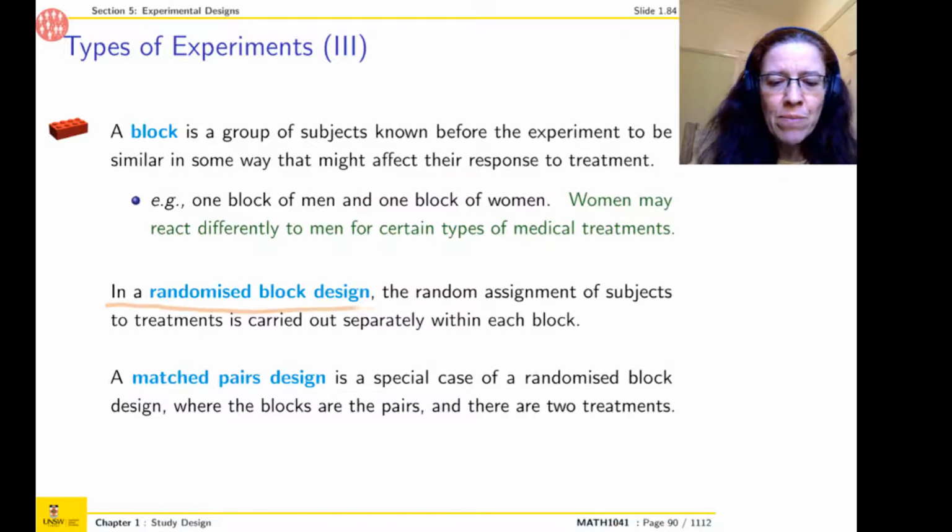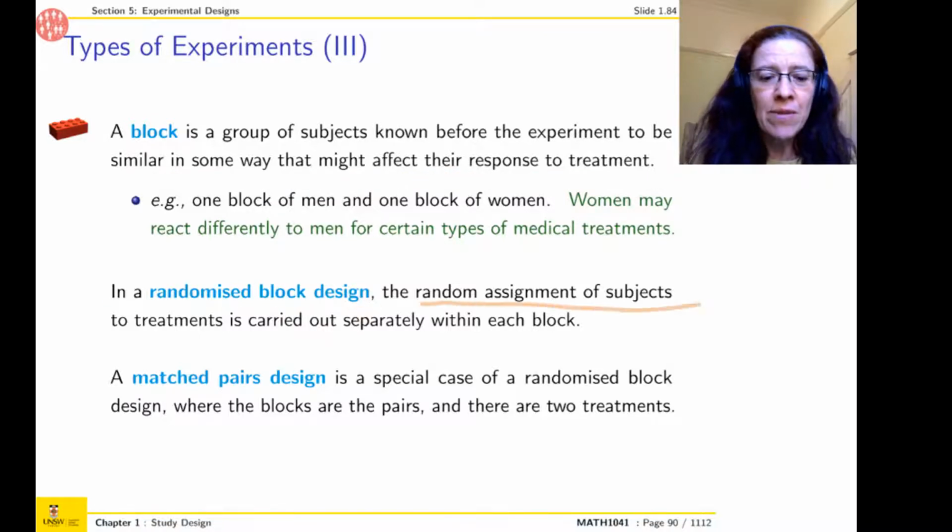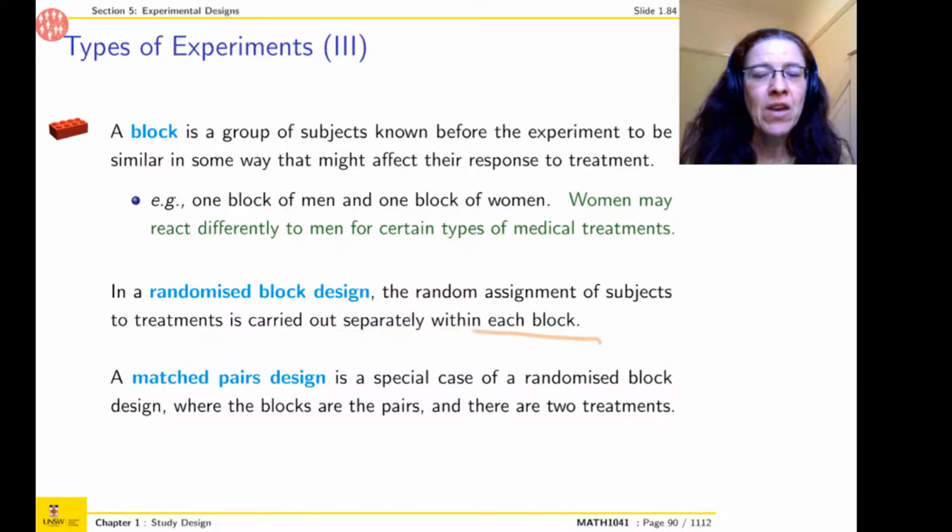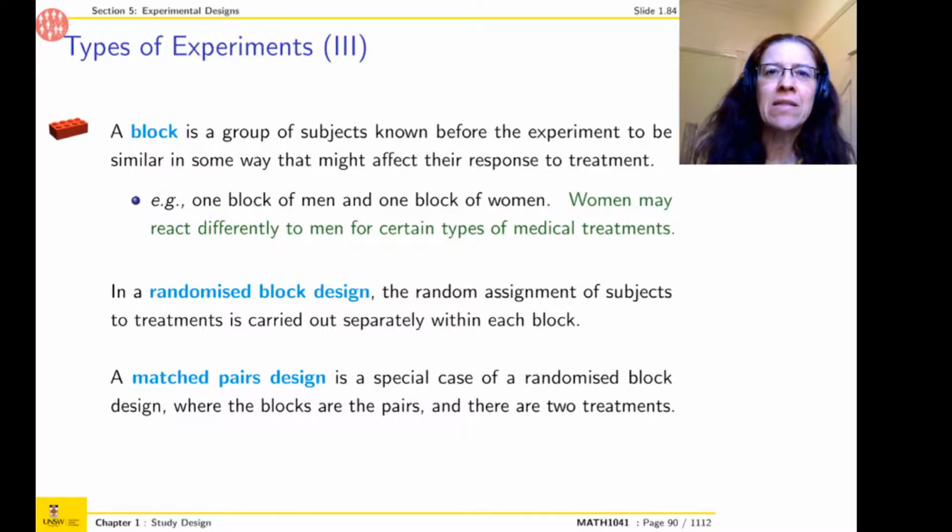In a randomized block design, the random assignment of subjects to treatment is carried out separately within each block. What that means in that case is you would look at men and women separately, to define a control group within the block of men and a treatment group within the block of men, and then you would compare those two.